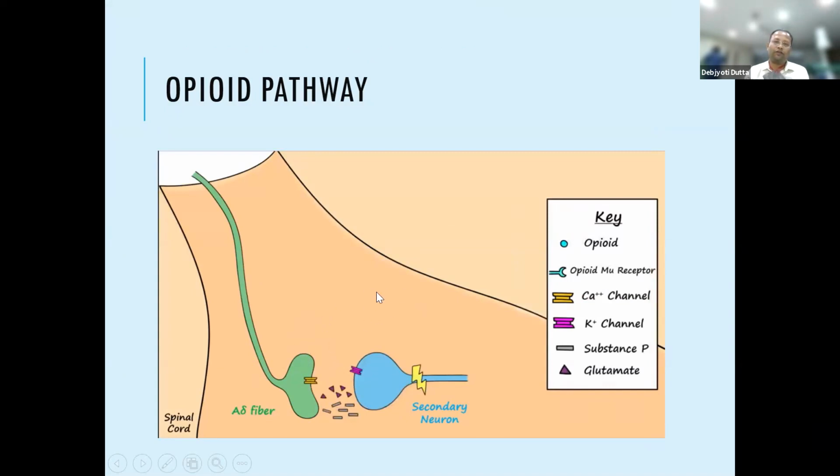So when we give opioid, either endogenous or exogenous, the opioid will come and act on these opioid receptors. These receptors are of multiple types: mu, kappa, delta. These are the known types, and sigma is no more considered an opioid receptor, but these three types are there. So opioid will come and join here, and which will ultimately affect this calcium channel.